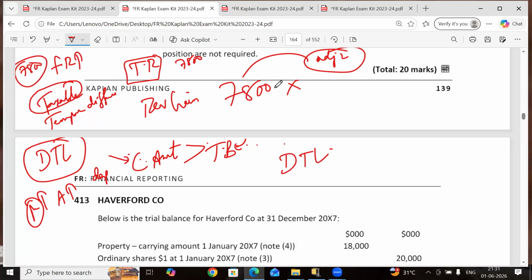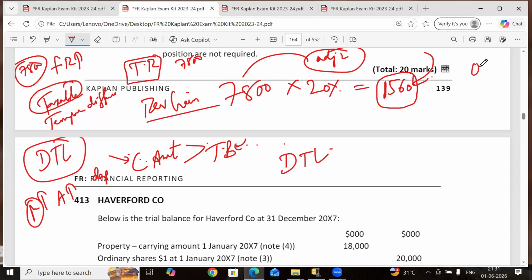So the temporary difference is 7,800 into the tax rate, which gives us the amount of the deferred tax liability, which increases the future tax expense. Okay. Now this we will adjust with the revaluation gain only, because this is the deferred tax liability created because of this revaluation gain.